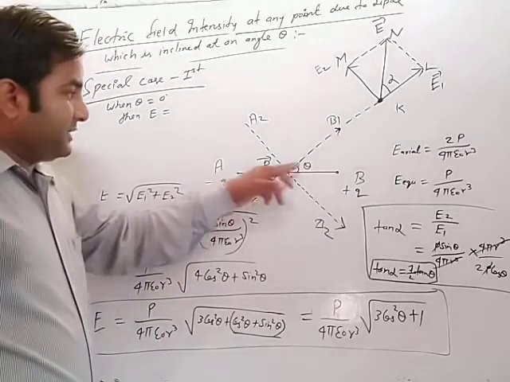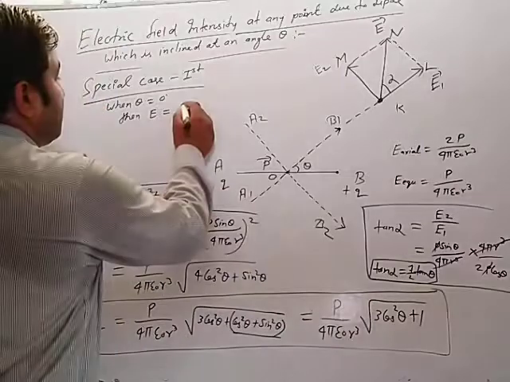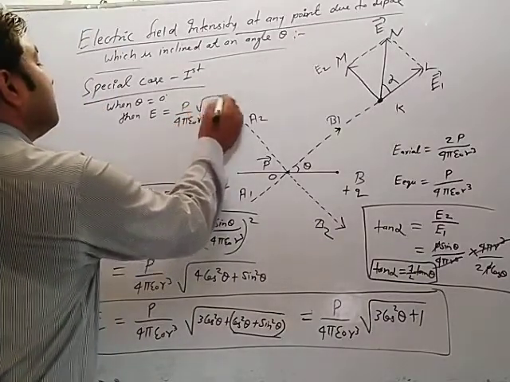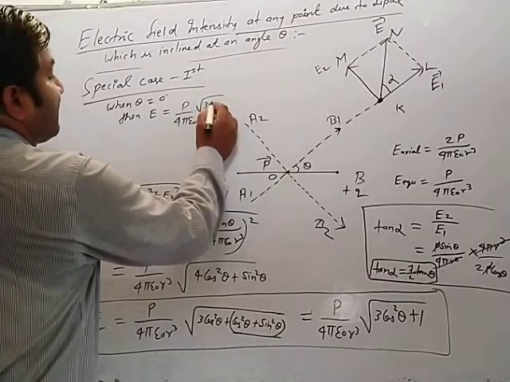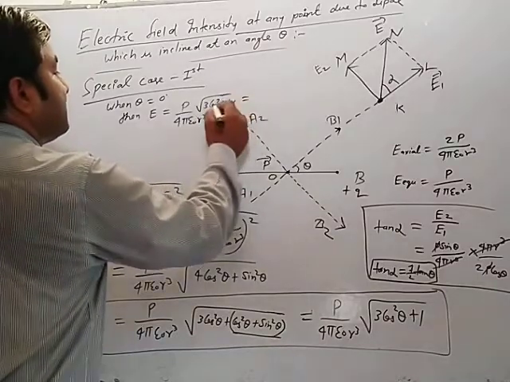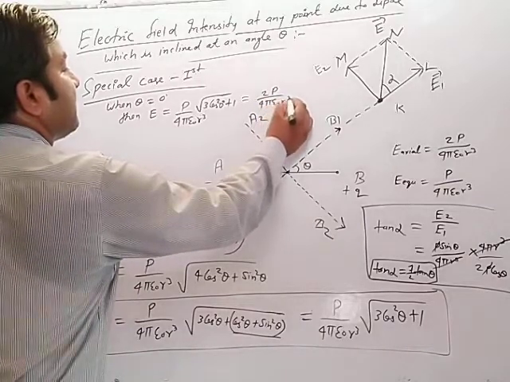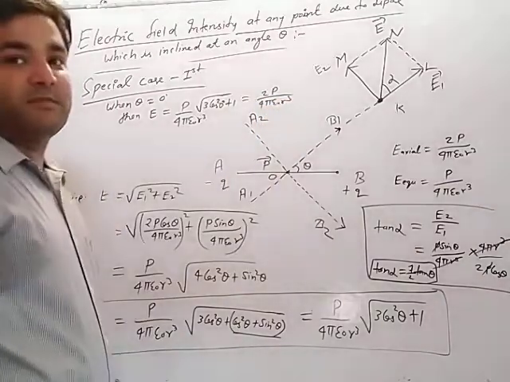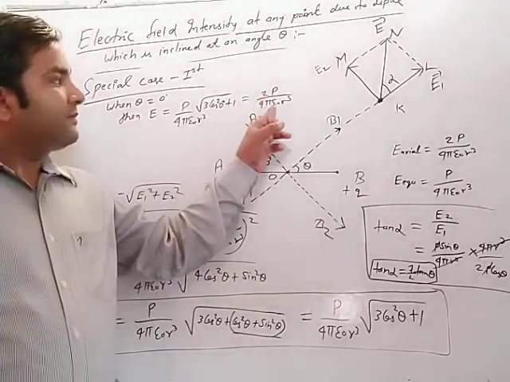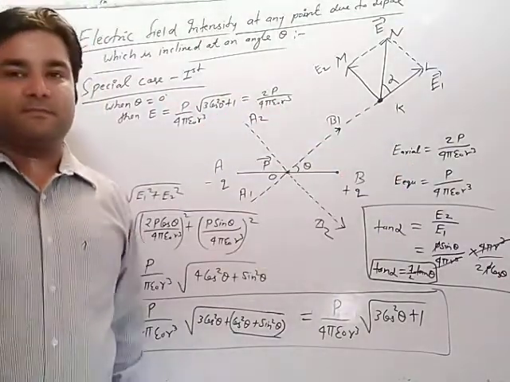Then theta will be 0 degree, and cos 0 is 1, so E is equal to P upon 4 pi epsilon naught r cube square root of 3 cos square 0 plus 1, that is 3 plus 1, 4, which means 2P upon 4 pi epsilon naught r cube. This is the formula for intensity in the axial condition.